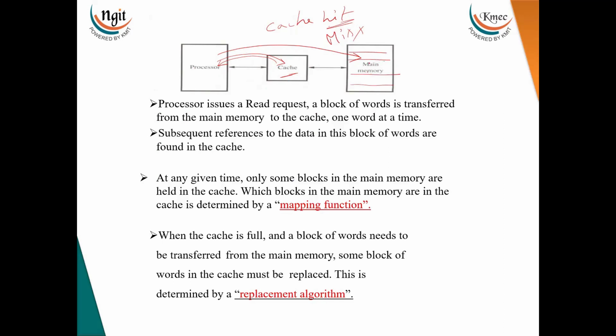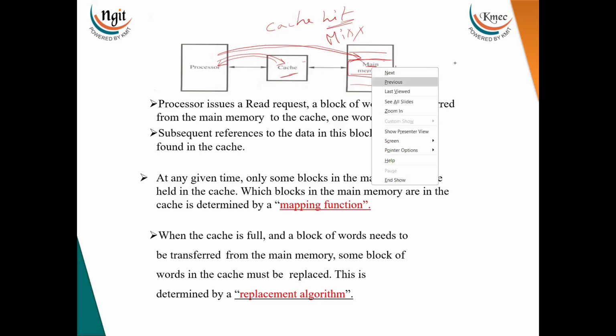If that word is available in one of the blocks, that word is given to the processor, and the complete block is also loaded into the cache. Because of locality of reference, if one instruction is being executed, the instructions nearer to it are also going to be executed soon. By analyzing that, a block of instructions is moved into the cache.